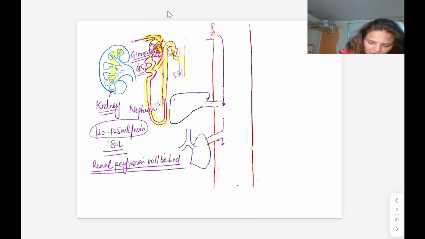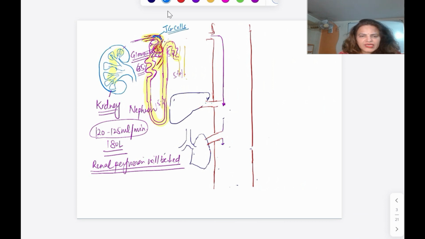The wall of this gets stretched because of the less perfusion. Here is an important granular cell in the afferent arteriole, which is the JG cell.